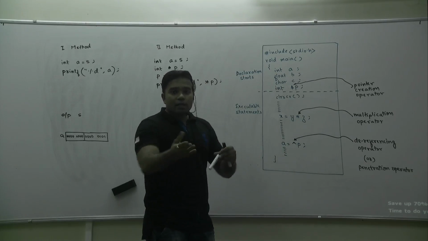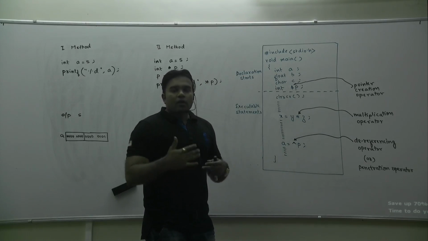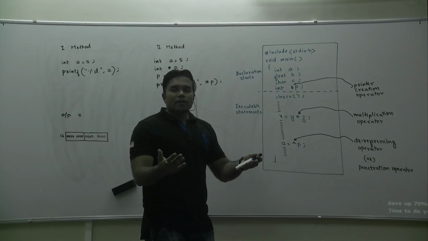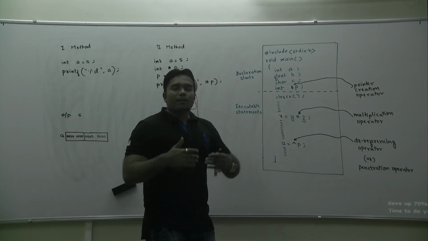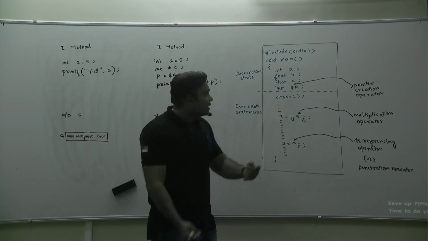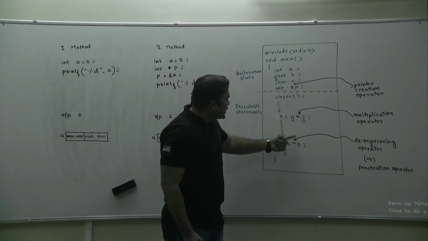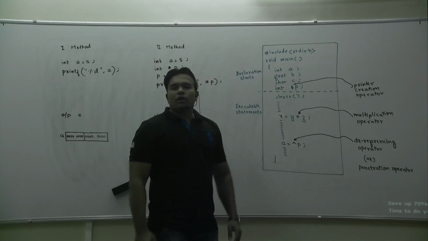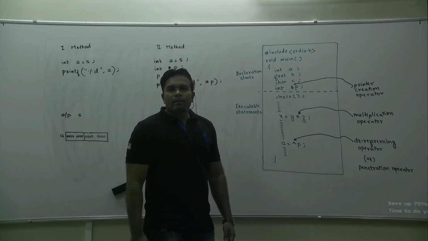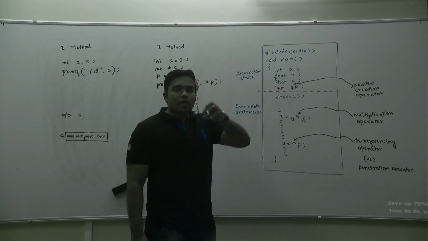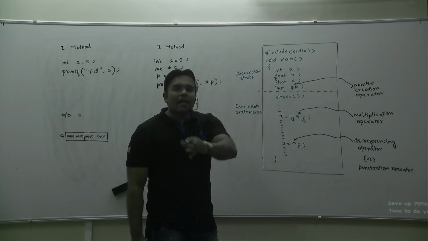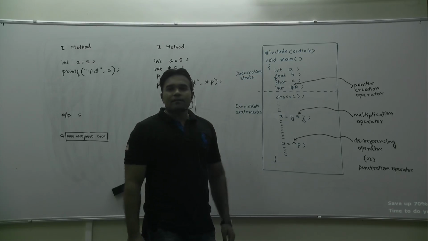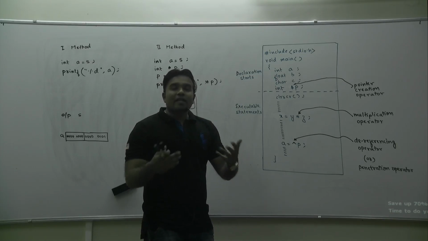Now, I am just telling you, of course, me or you can't change the C language. It is Dennis Ritchie who has given it to us, and we just have to use it. But what I am trying to tell you is, if he had used 3 different operators for 3 different purposes, then none of you would have got confused. The mistake he made was that he used the same operator for multiple activities. He did it, but your teachers also didn't clarify it.